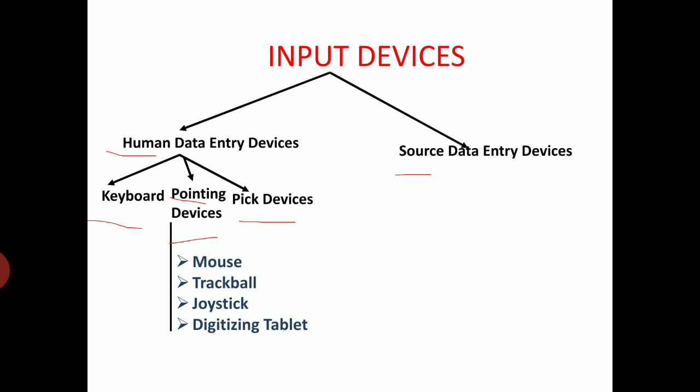Pointing devices come in different types: mouse, trackball, joystick, digitizing tablet. We shall see more about this later. Next, pick devices can be used for selecting or picking some content or data from the computer, for example, light pen and touch screen.